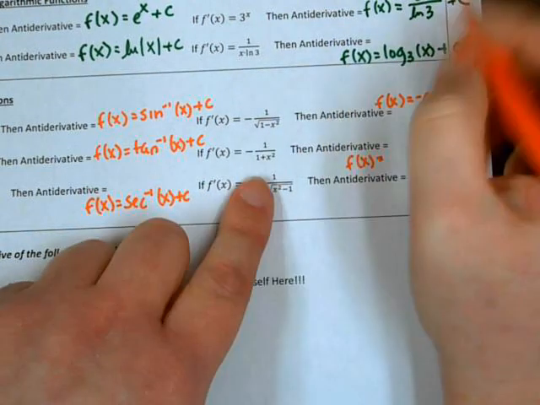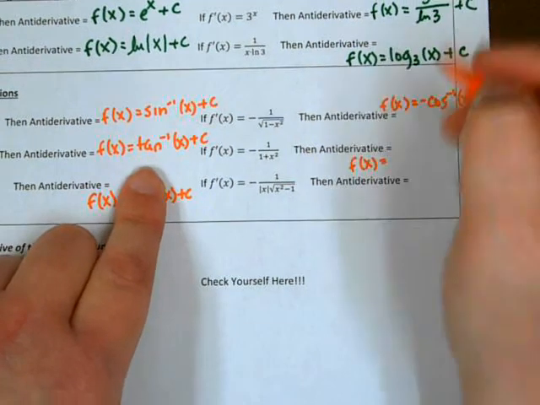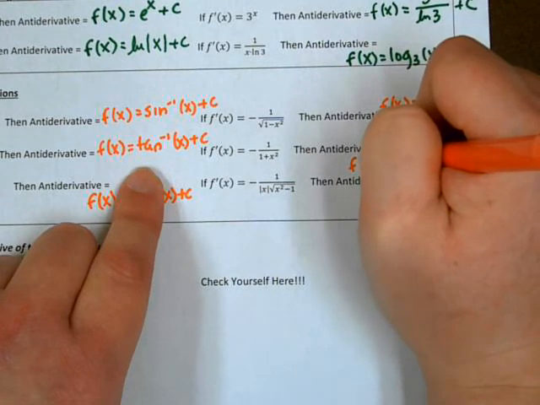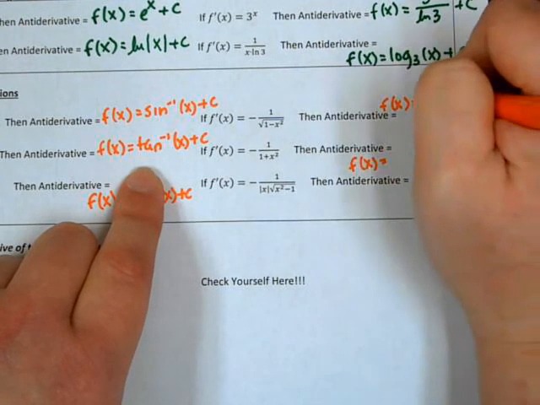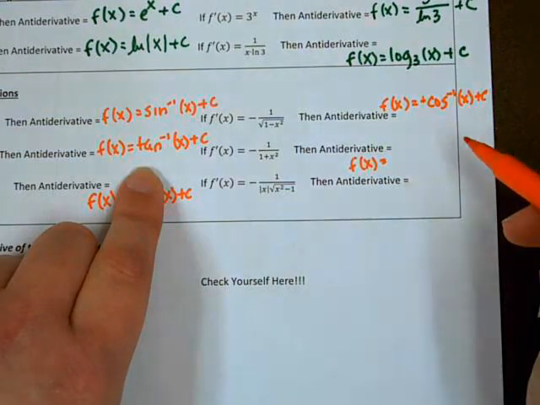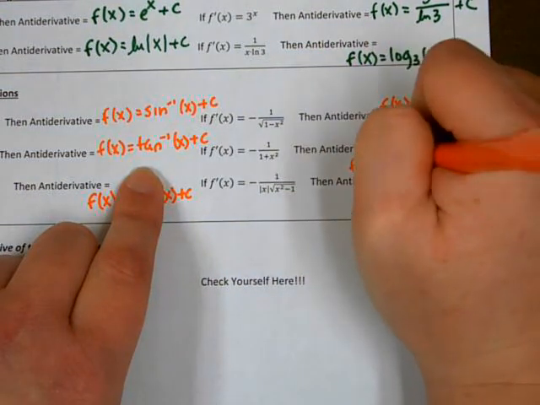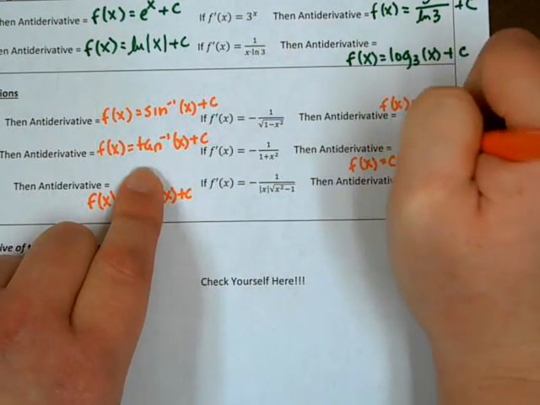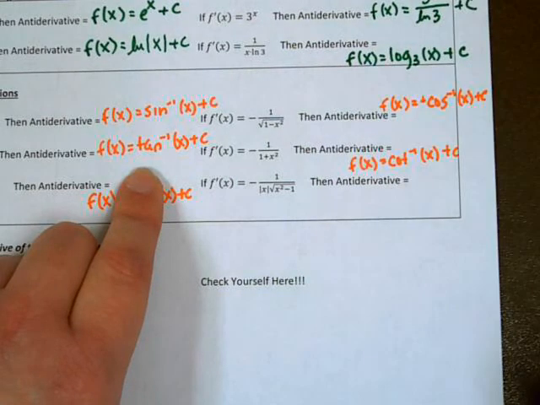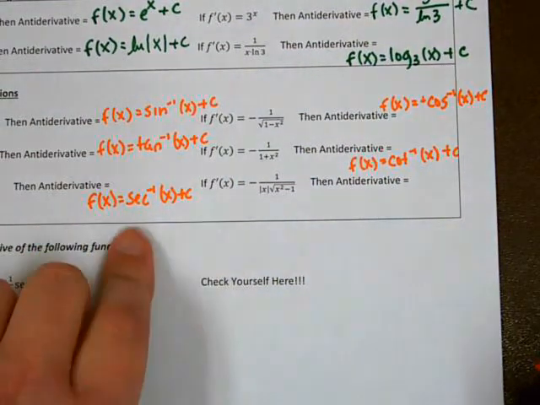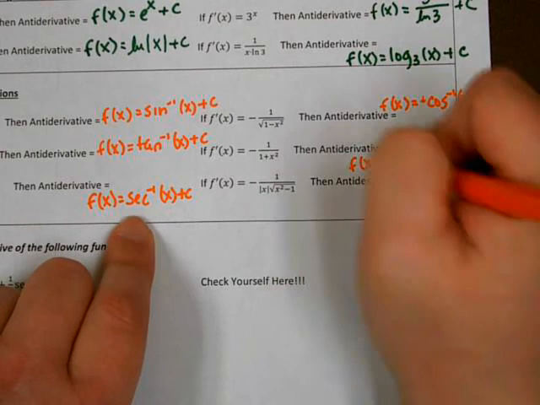The second one would be cotangent. I don't know why I put negative, sorry. That's a positive cosine. This would be cotangent inverse of x plus c. And then the last one would be the cofunction of this, which would be cosecant.